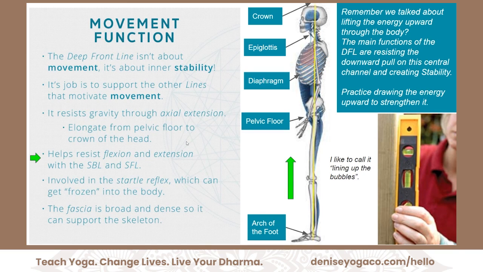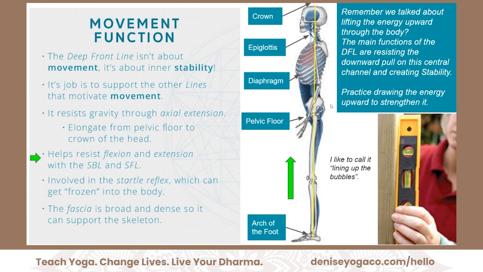Okay, the other lines motivate movement, whereas the deep front line stabilizes movement. Now, we talked about organization and activation, and there's this term that we use in the yoga world. I don't know, maybe gymnastics uses it, but in orthopedic assessment, you would never hear this, and that is axial extension, right?